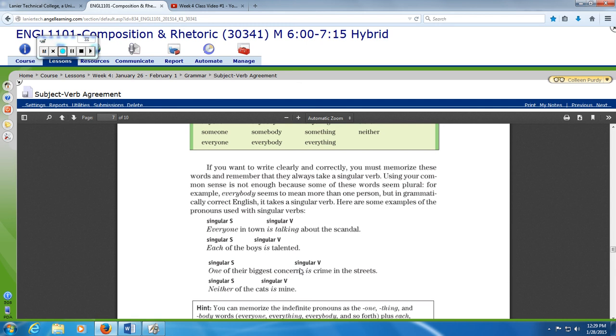One of the biggest concerns is crimes. Once again, you've got a prepositional phrase. If you made the mistake that concerns is the subject, you would choose a plural verb, and that's not correct. One is your singular subject, singular verb. Of the cats, prepositional phrase. Neither is mine. Singular, singular. Okay?